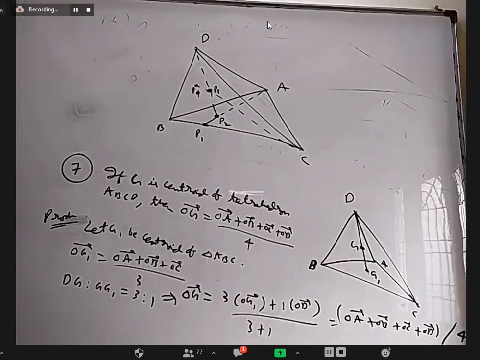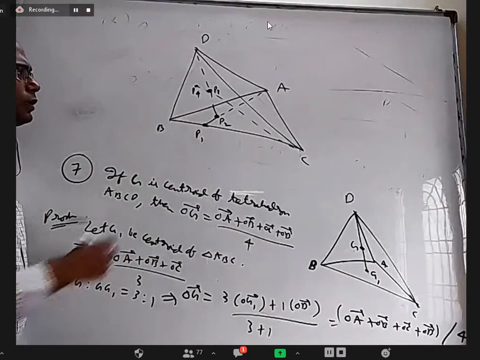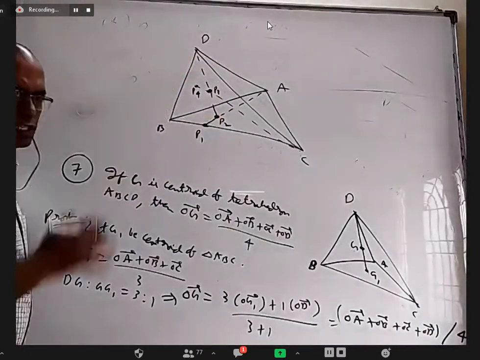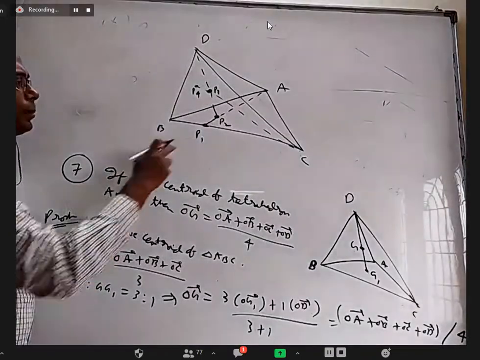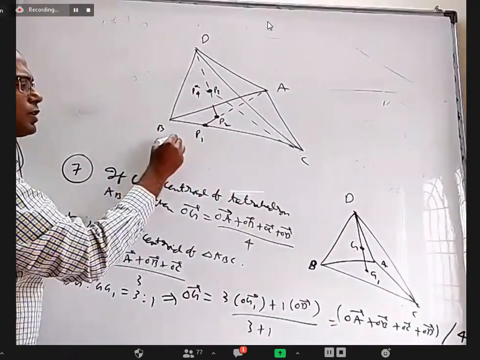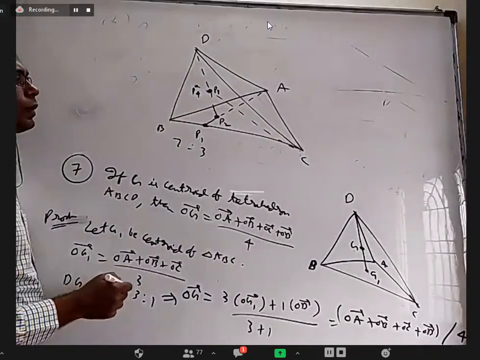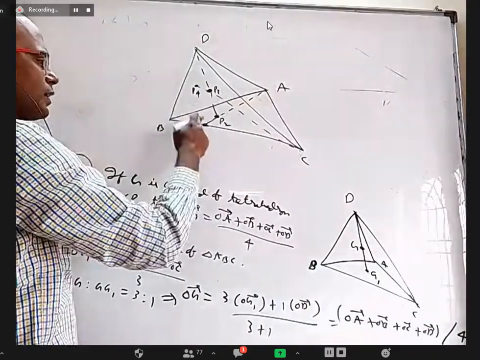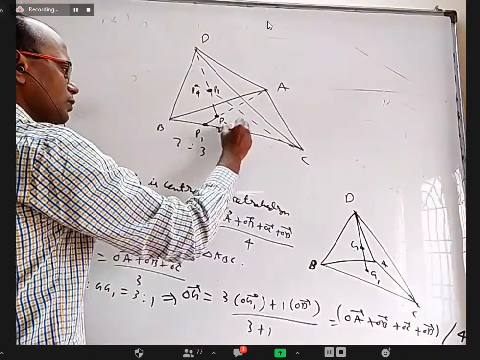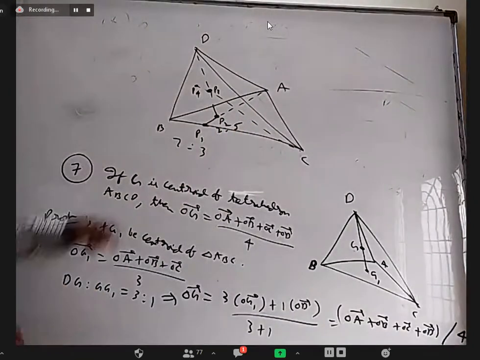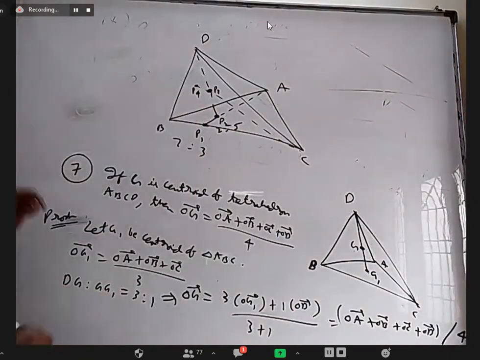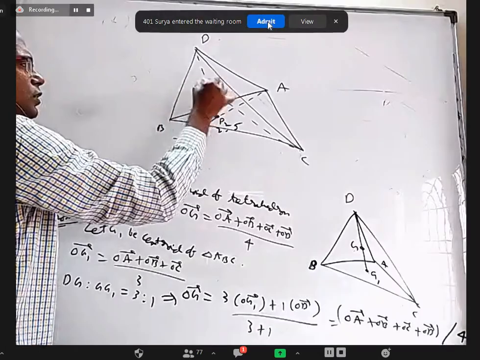Let me explain. This is a triangle ABC, D is not in this space. P1 divides B and C in the ratio, let us say 7:3. Then P2 divides A and P1 in the ratio 2:5. And then P3 divides D and P2 in the ratio 3:4.